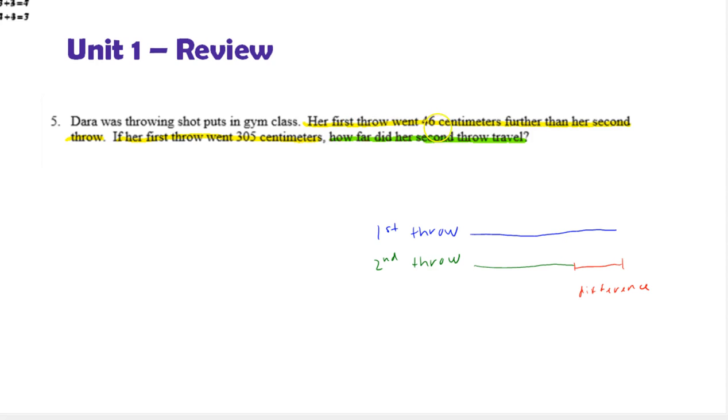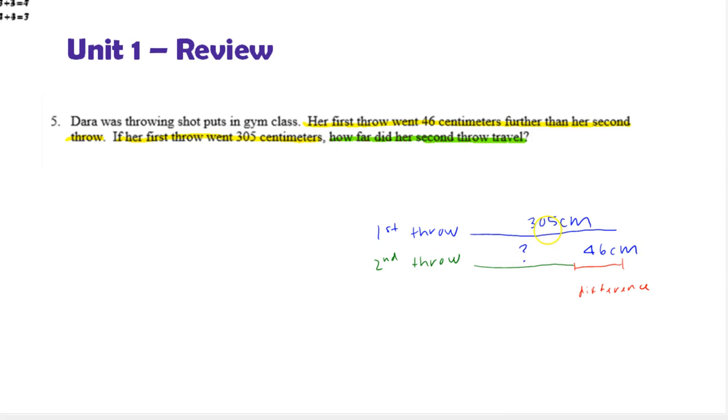Her first throw went 46 centimeters further than her second throw, so that's this distance right here, the difference. Then it says her first throw went 305 centimeters. Well, that's this length right here. And we are trying to find how far her second throw went, which is this green piece right here.